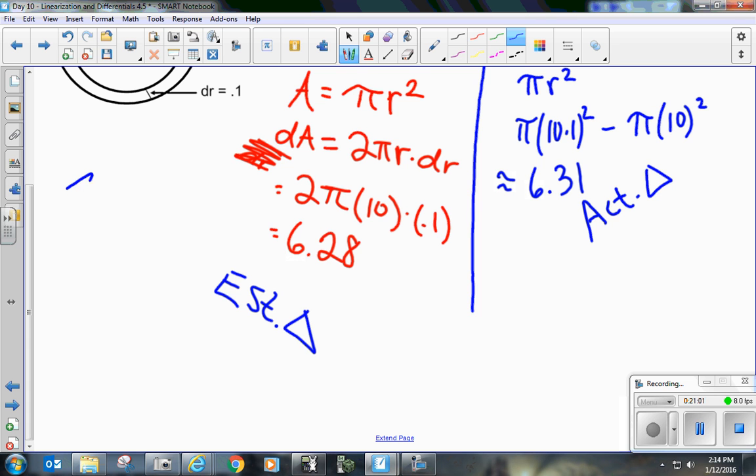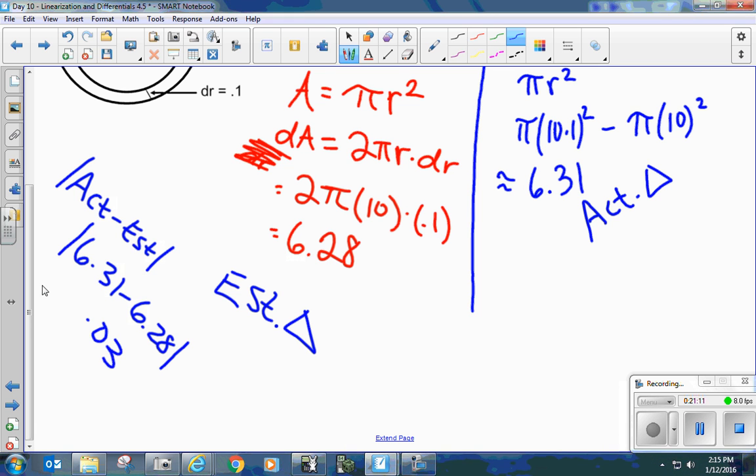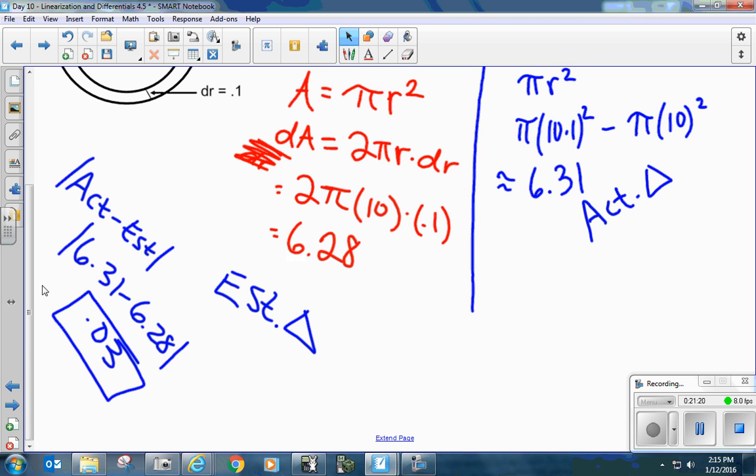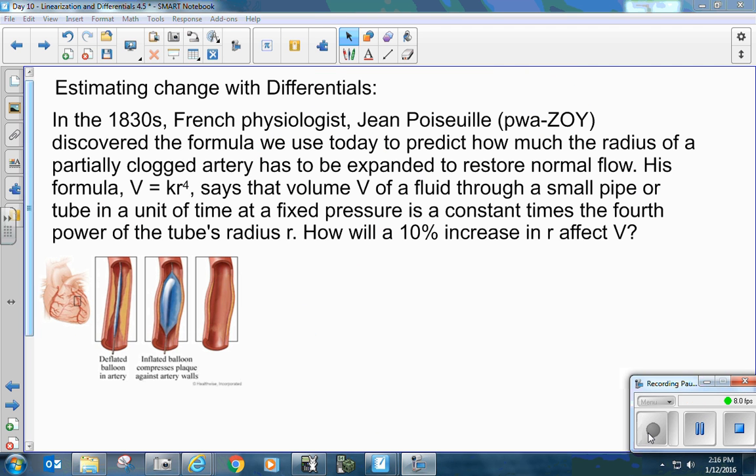It's the actual or the true minus the estimated, and I just take the absolute value. So 6.31 minus 6.28 is 0.03. That is close. That is good. When there are things that matter that are on the line, you want to have a very, very, very slim margin of error like that.